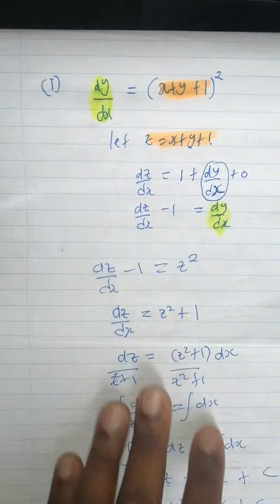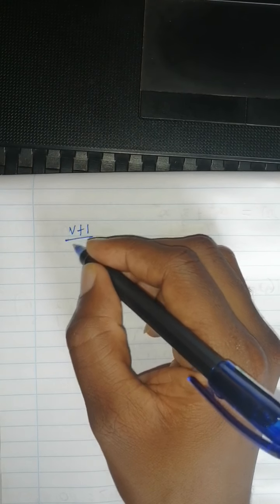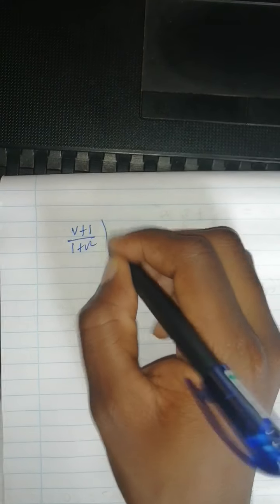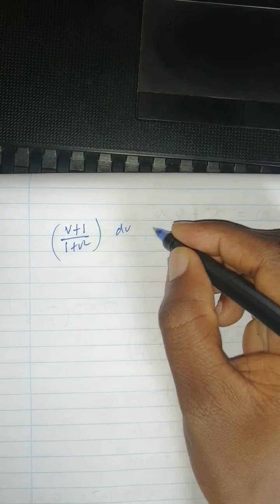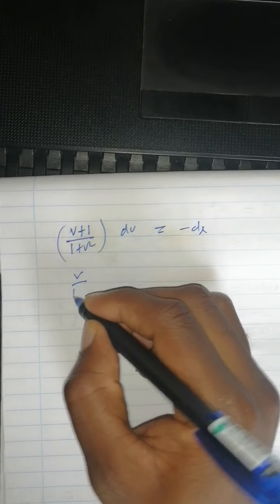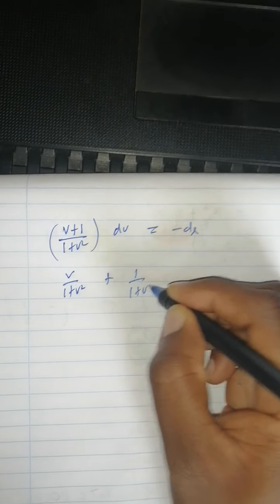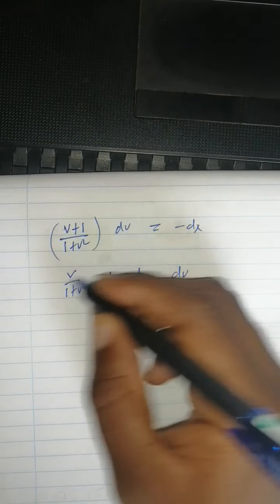I'm going to write on the new page. After that, you split this in two. v plus 1 over 1 plus v squared dv equals negative dx over x. So this is going to be v over 1 plus v squared plus 1 over 1 plus v squared dv.